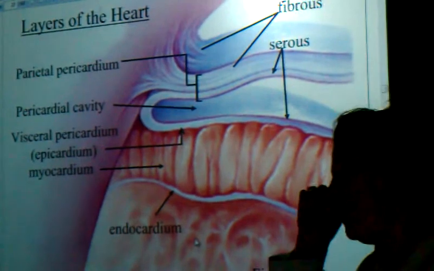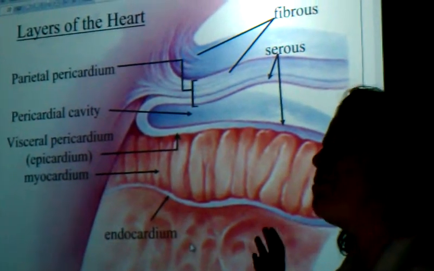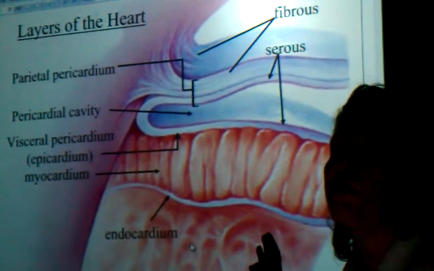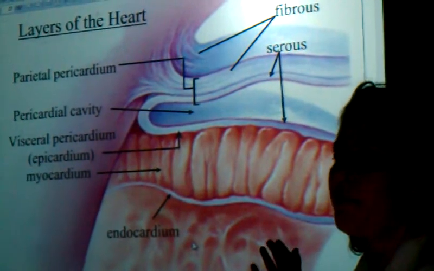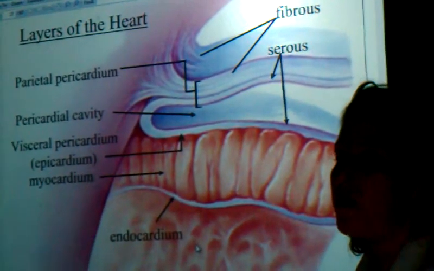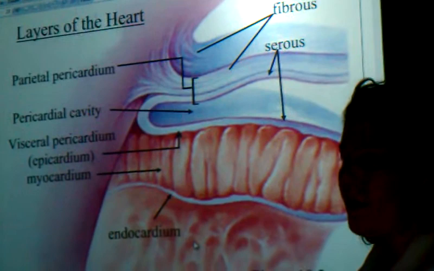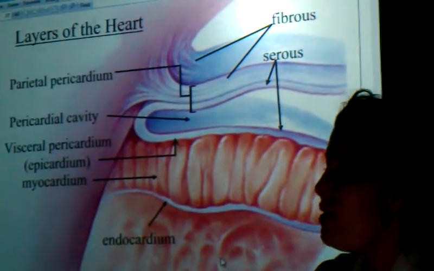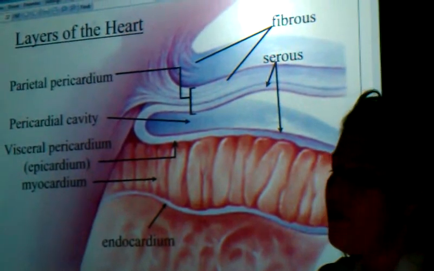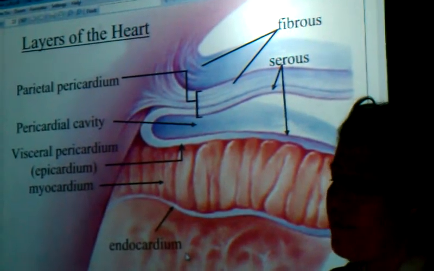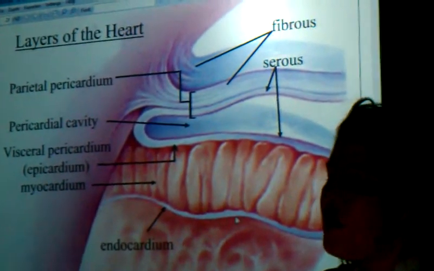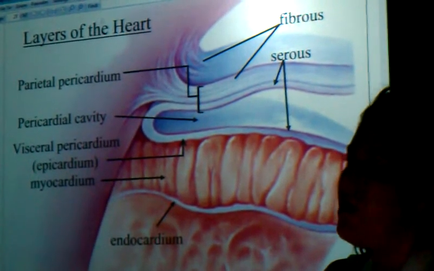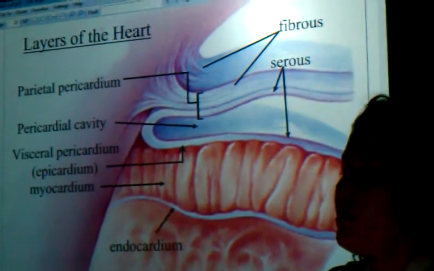Now, we actually looked at the layers of blood vessels, right? And we saw all blood vessels are lined by this simple squamous epithelium, but we call it endothelium or tunica intima. Well, it's the same stuff lining the heart as all of the blood vessels, but in the heart we call it endocardium. Okay, so it's endothelium that lines the heart, but we call it the endocardium rather than the tunica intima.